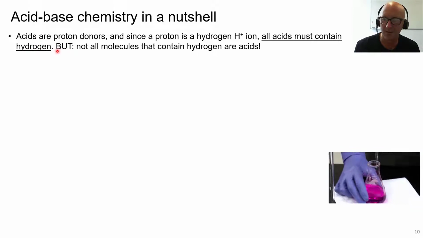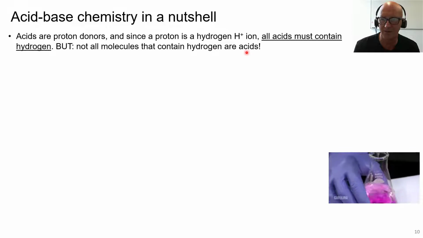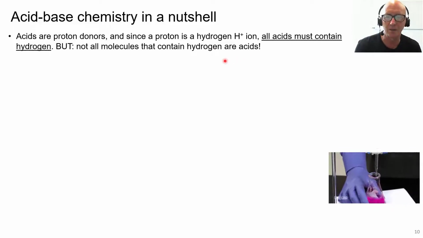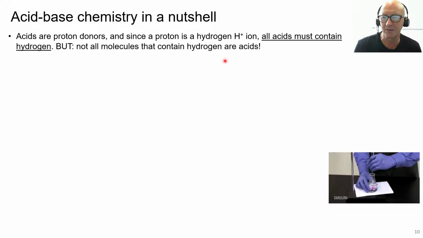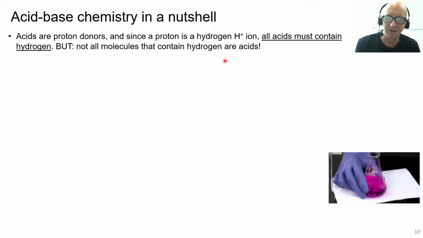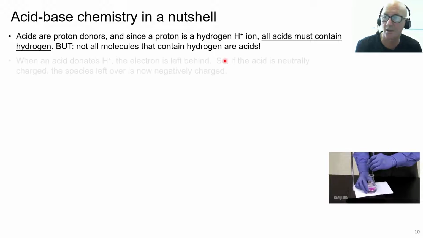Having said that, just be careful, because it doesn't necessarily mean that all molecules that contain hydrogen are acids. For example, we looked at CH4, that compound's called methane. It's not an acid, even though it contains hydrogen. So acids have this special property that they contain hydrogen and can donate it as a hydrogen ion, that is a H plus ion.